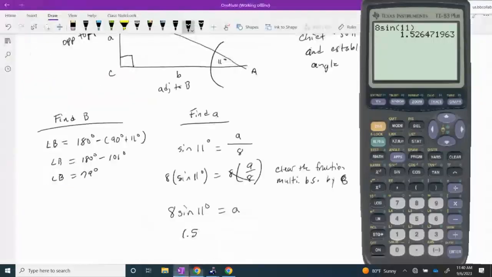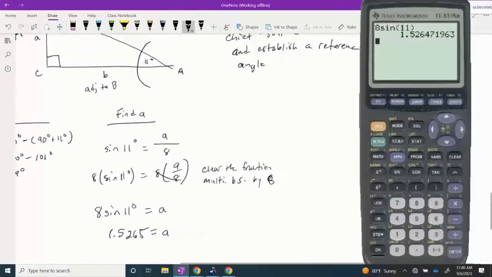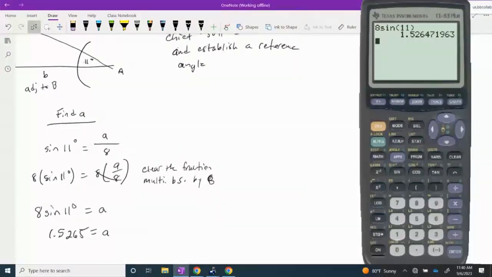So 1.5265 is equal to A. All right, so that's side length A. Next we're asked to find B, side length B.